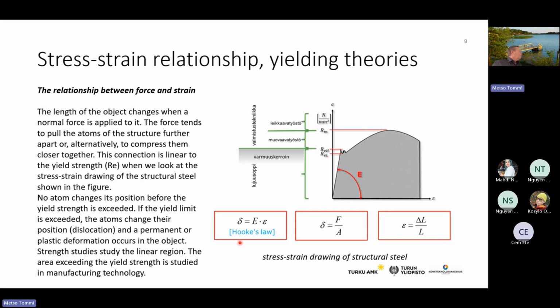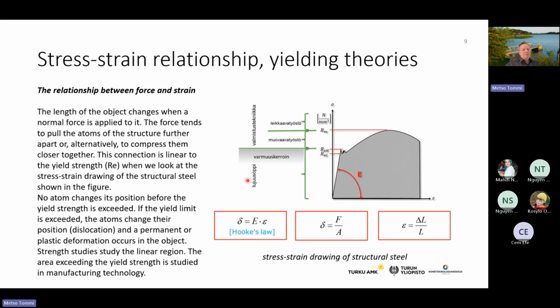And this is Hooke's law, which means that if we know this linear strain epsilon and we know the material's Young's modulus E, we can calculate the normal stress that happens in the piece.